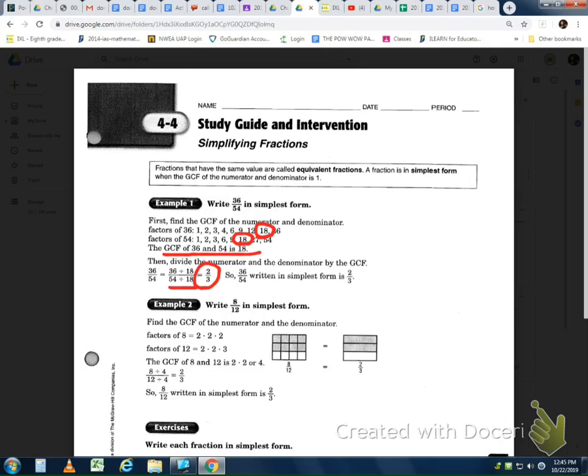Here's another way, example 2: 8/12. They look at the prime factorization and see what they have in common. With the prime factorization they have 2 sets of 2's in common, making the greatest common factor 4.